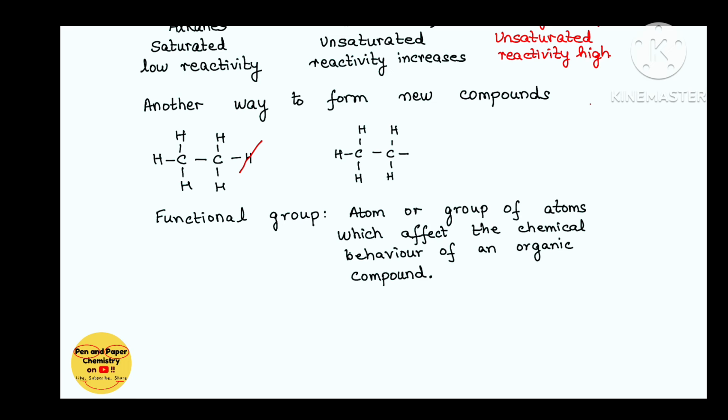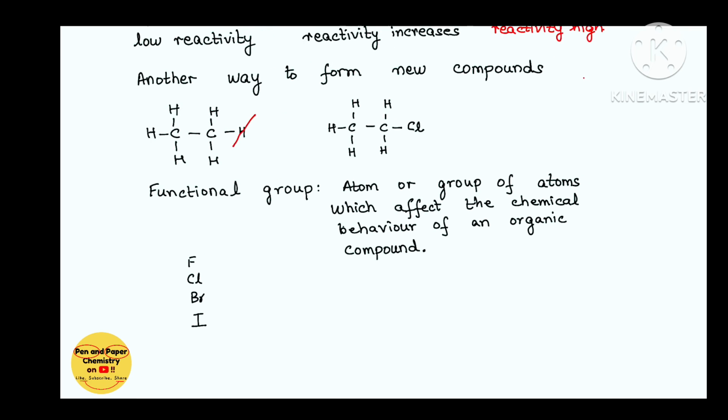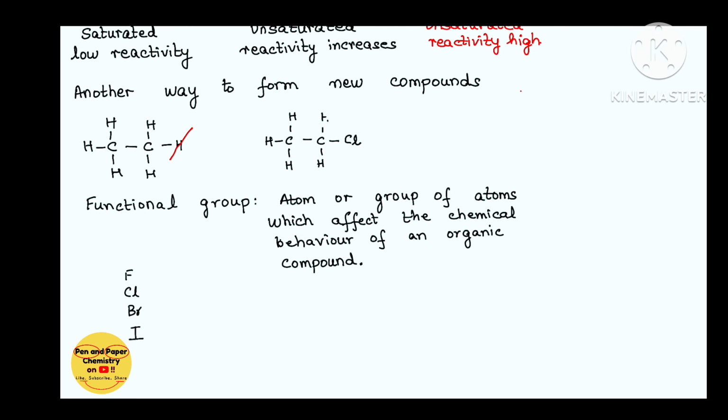That is, the name comes from salt former. Fluorine, chlorine, bromine, iodine, F, Cl, Br, I, any of these can replace the hydrogen atom. Two of the hydrogen atoms can also be replaced by the halogen atom. We will keep the thing simple and we will just replace one of the hydrogen by chlorine.